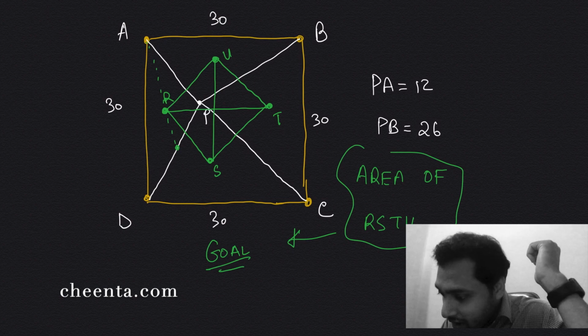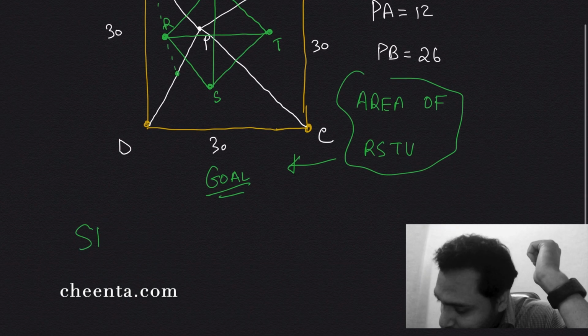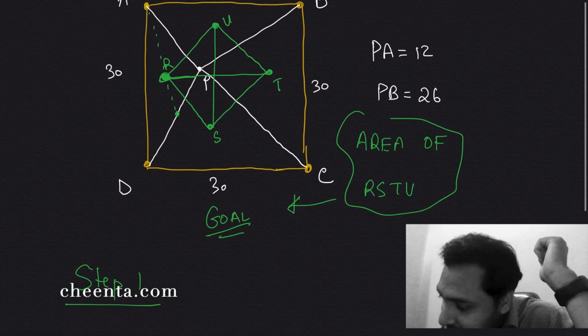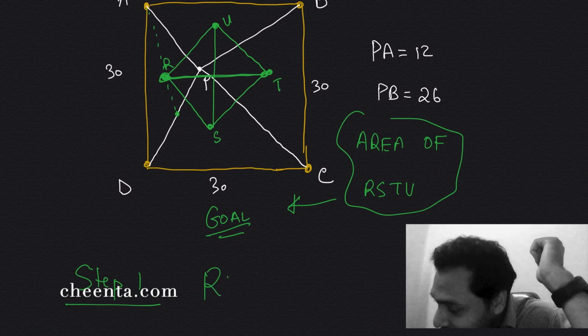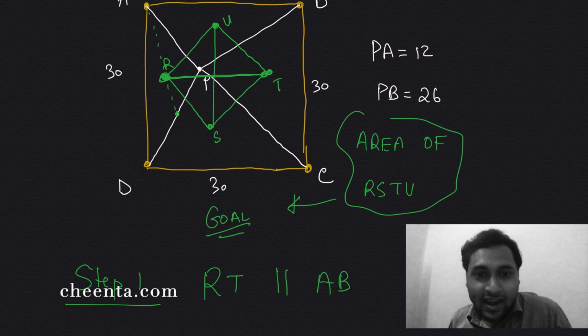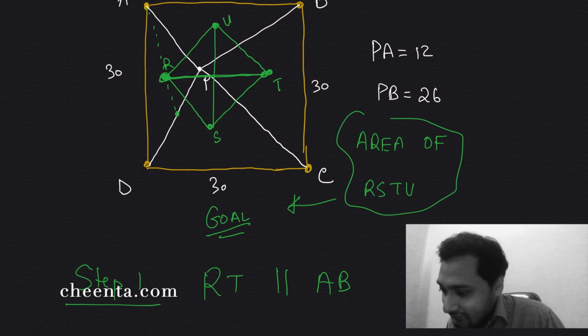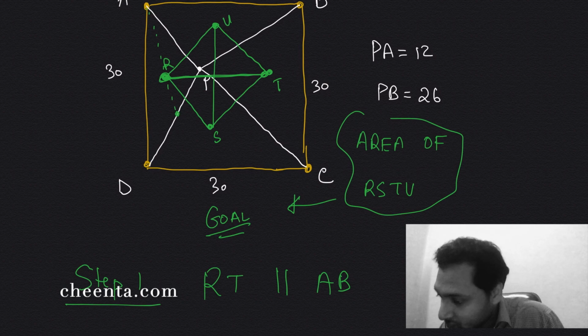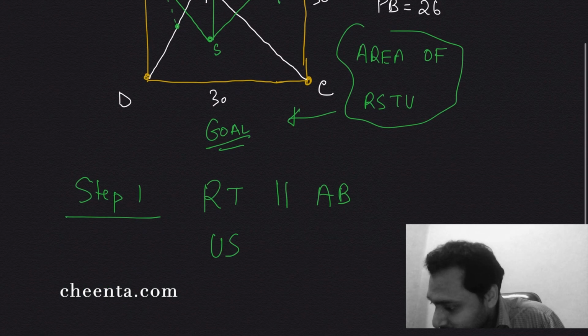So what I'm trying to say here is, step 1, show that RT is parallel to AB. Okay, RT is parallel to AB. And similarly show that US is parallel to BC.